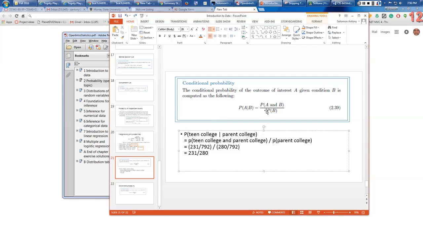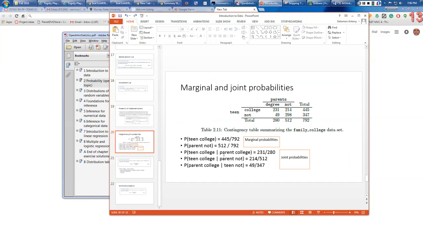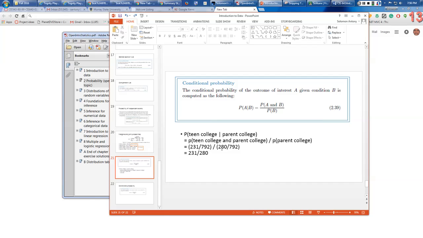The denominator, probability of parent attended college, is 280 out of 792. Now if you simplify it, you get 231 over 280. So that's how you calculate conditional probability.